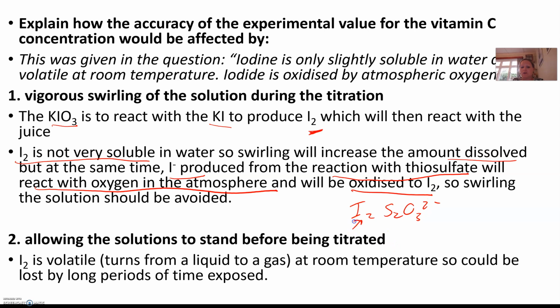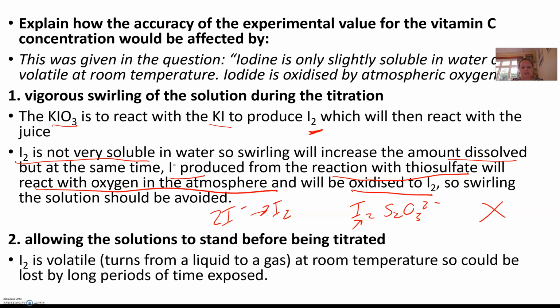So if you end up producing more I2 from swirling than you actually should have, because the I minus that is produced is then reforming I2, then your value will be completely wrong. So the only way that you would know that answer is by reading that question and being able to interpret it, and I doubt many kids were that year, but now you've seen it, okay?